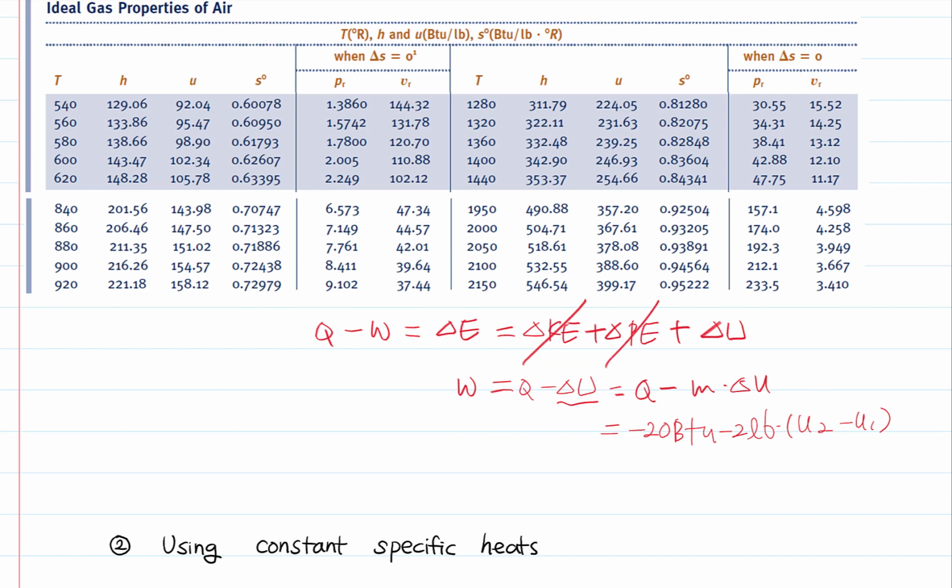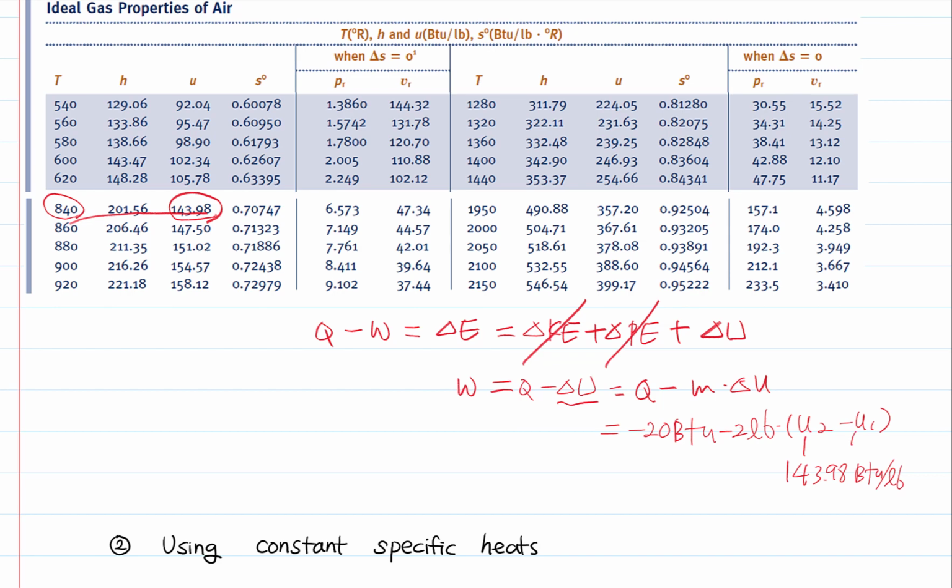So the internal energy is only function of temperature. So at state 2, temperature 840 degree Rankine, the internal energy at this temperature is 140.58 BTU per pound.